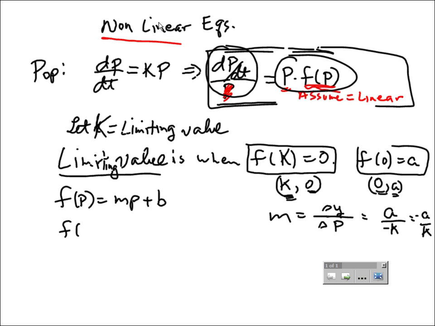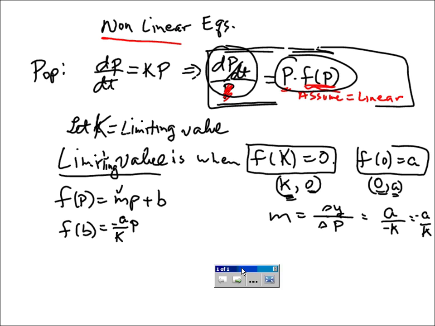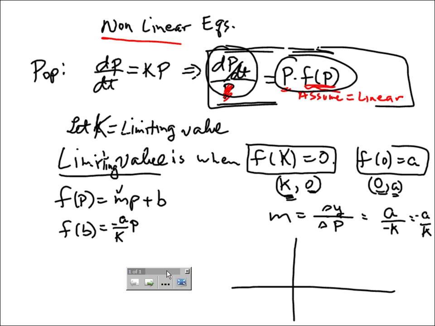Okay? So f of p is negative a over k, that's n, times p, plus b. Well, what's b? b is the y-intercept. We have some line. Well, we have the y-intercept right here. It's a. Why is it a? Because when p is 0, I go up a.